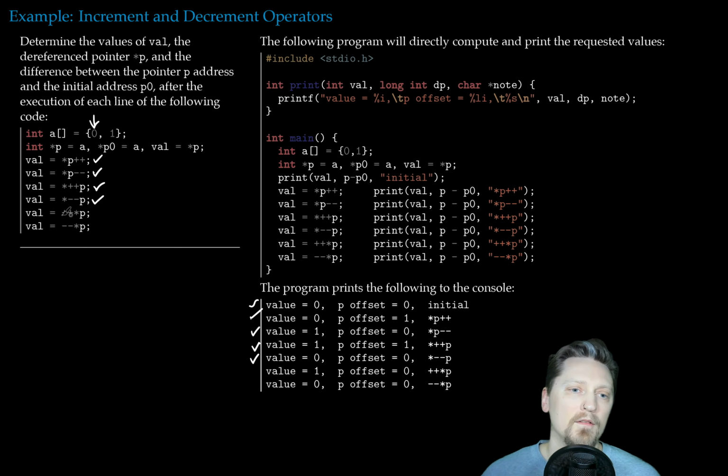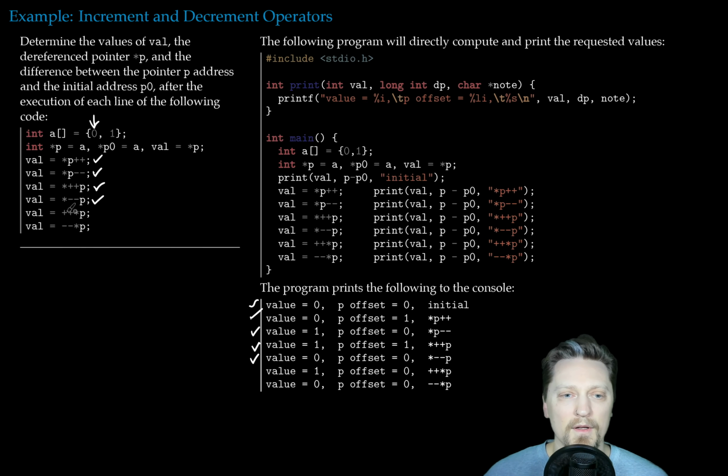Here we have them flipped. So now we have, again, both operating on the same pointer. However, they're reversed. So again, we have operators with the same precedence, and we have to rely on associativity, which is right to left for these operators. So we're going to dereference first. So we dereference P, and then we're going to increment that dereferenced value.